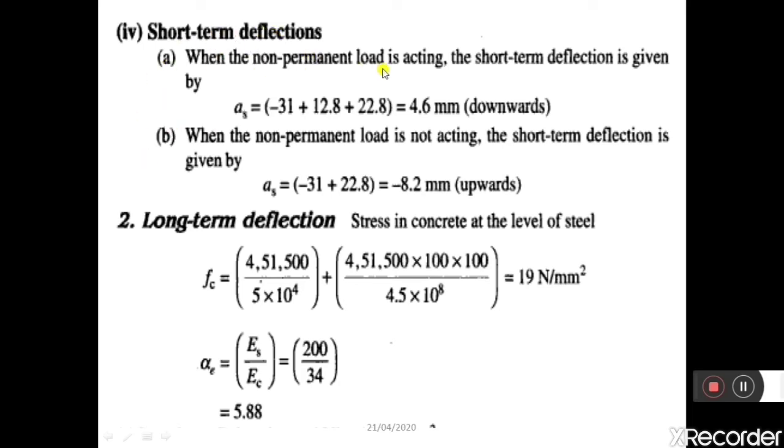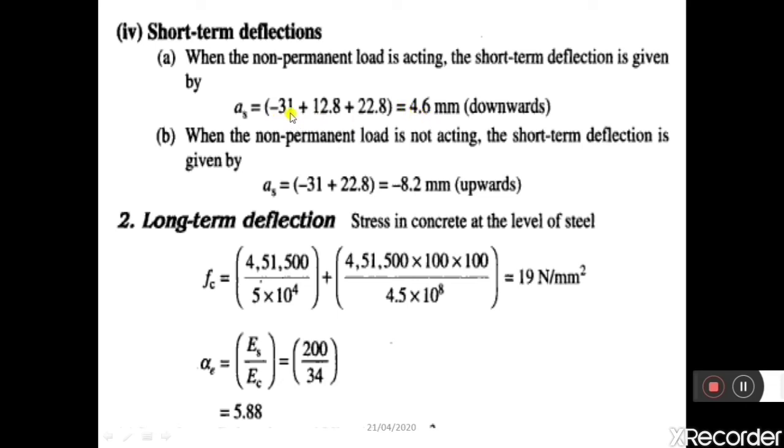When non-permanent load is acting, the short term deflection is minus 31 plus 12.8 plus 22.8. In the first case we are considering the short-term deflection along with the live load. So when we consider the live load, the short-term deflection will be 4.6.